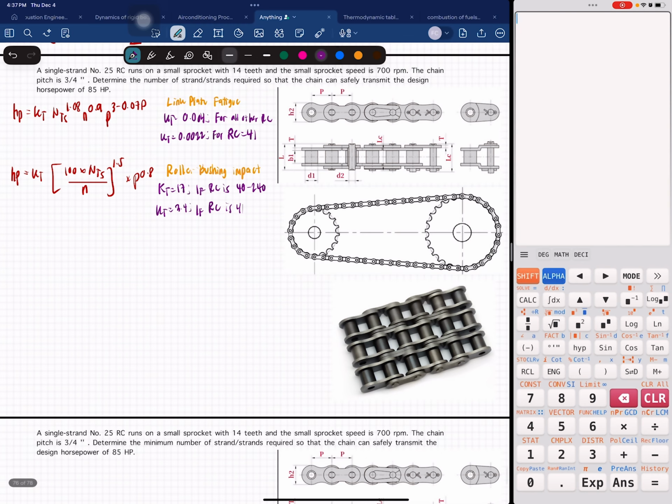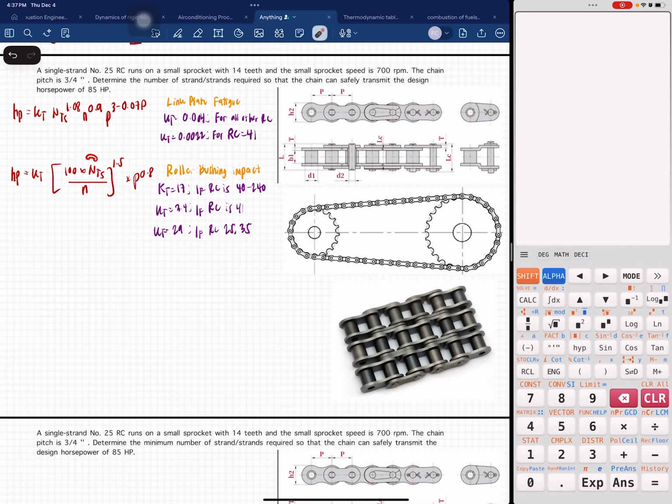What else? It will be 29 if the roller chain value is 25 and 35, okay? So again, the units here, this is simply your teeth, the speed must be in RPM, and the pitch must be in inches, okay?